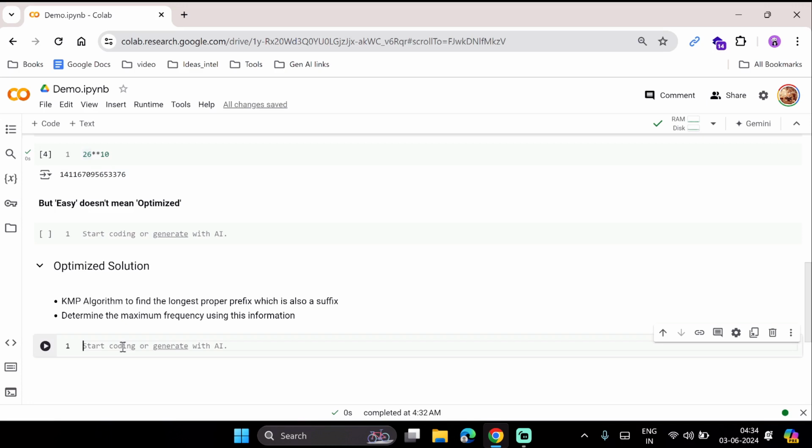So KMP is basically a pre-processing step where it gives you an array.